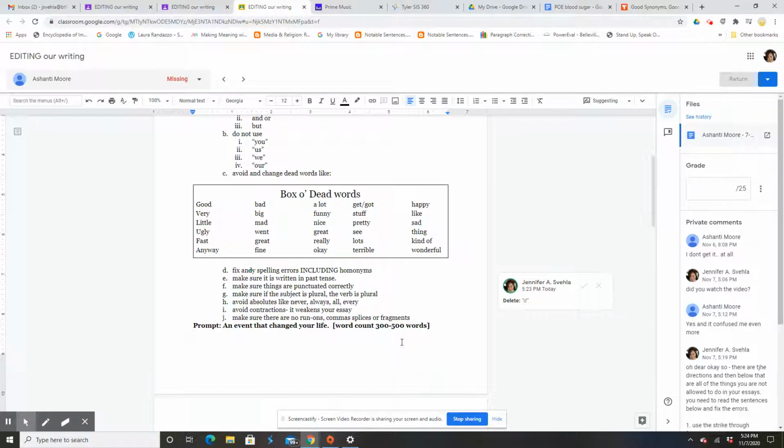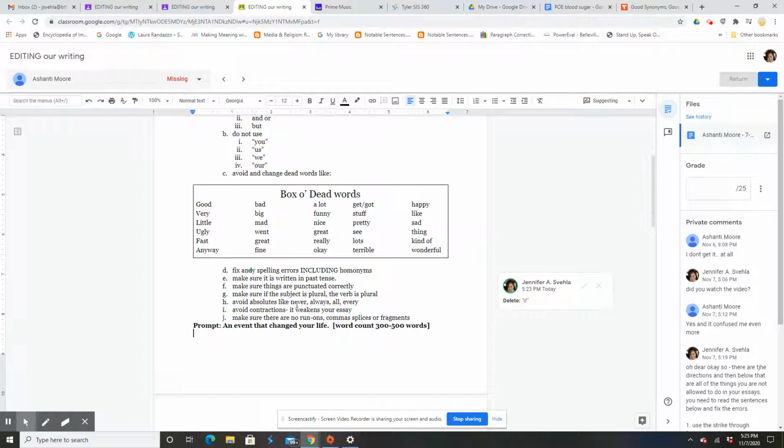So if I've said I am happy, and I was talking about a group of people, I wouldn't say they am happy. I would say they are happy. So that's where you want to make sure that your subject, which is I or they, if it's plural, I is one person, they is a group of people, you want to make sure that the subject and the verb, that's the word or the thing that's being done, is agreeing. So if you have a single subject, you want a single verb. If you have a plural subject, you want a plural verb.